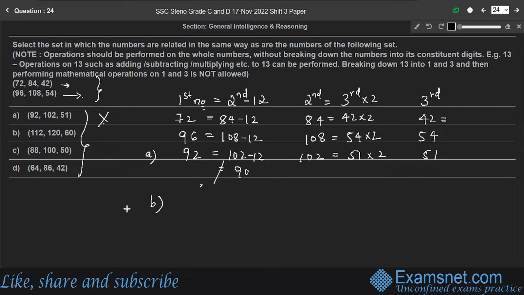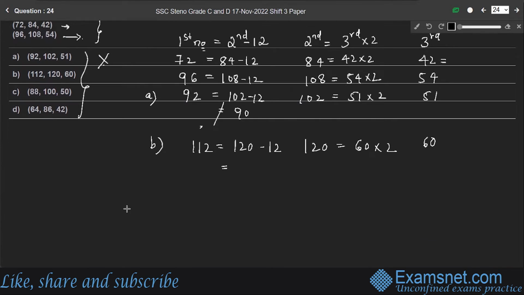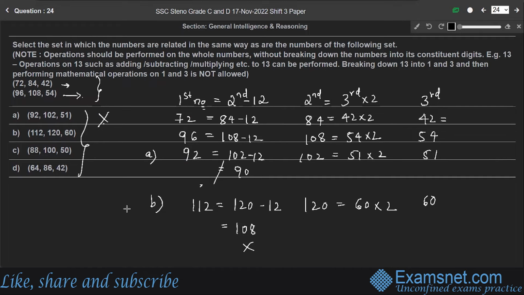We'll consider option B, in which the first number is 112, the second number is 120, and the third number is 60. The first rule is that the second number is twice the third number, 60 into 2, which is correct. And the first number has to be 120 minus 12, which is 108, which is not true according to the logic.